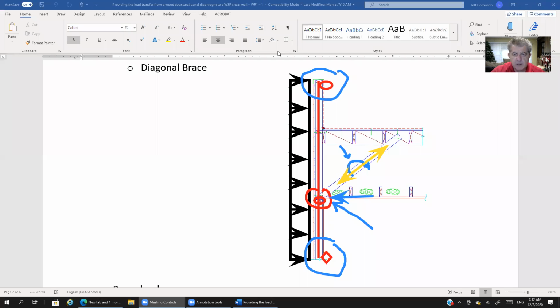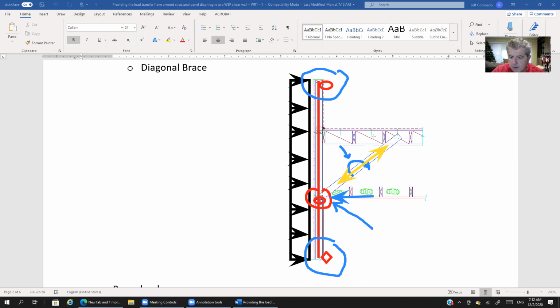Now, the next thing that we need to do here is resolve the forces in the brace. So we've got a diagonal force, and this goes back to third year, junior year statics, right? Remember good old statics, your structural analysis class?